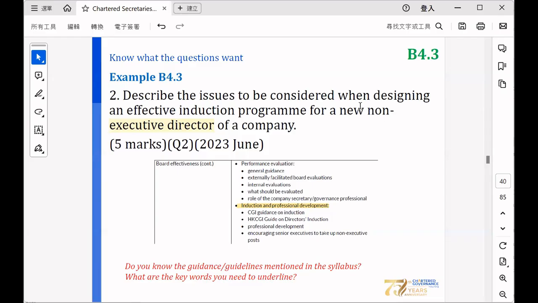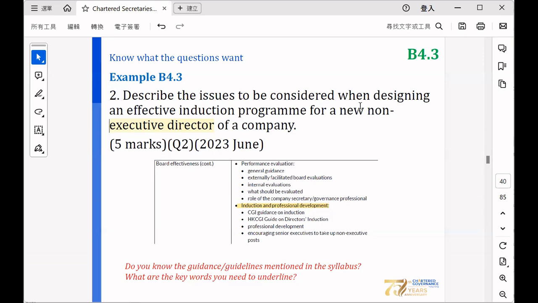And you need to have a tailor-made induction. In the code provisions, we emphasize this. You don't have one size that fits all, because not all INEDs or non-executive directors have the same background. So it's better if it's tailor-made to the individual directors.